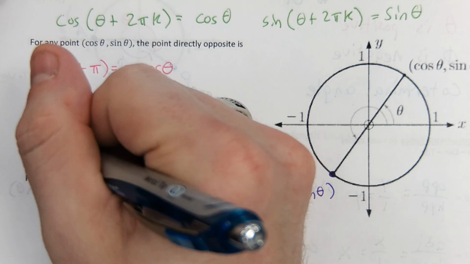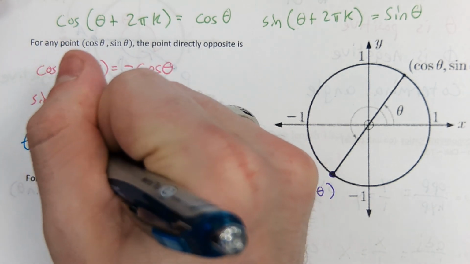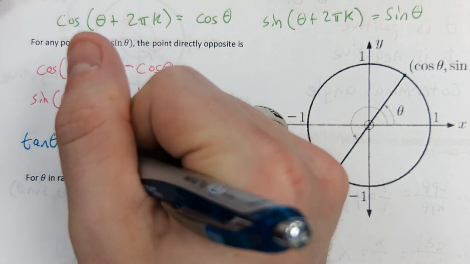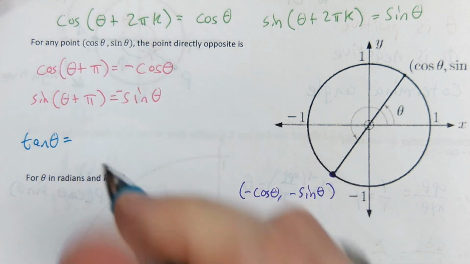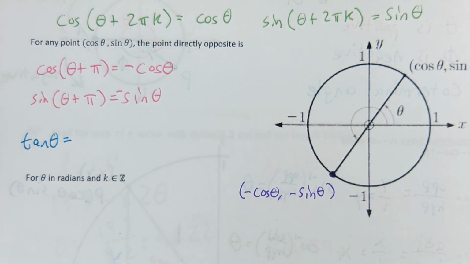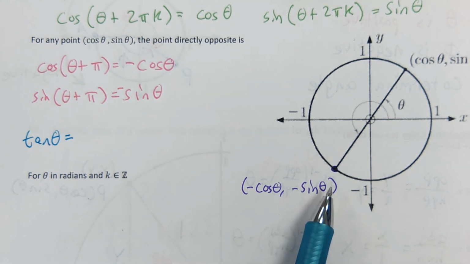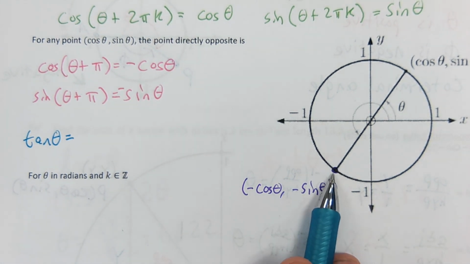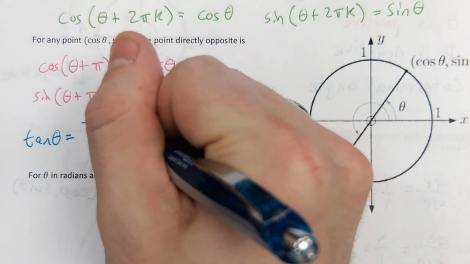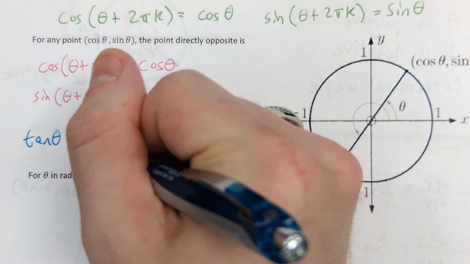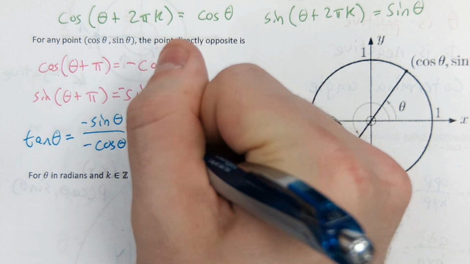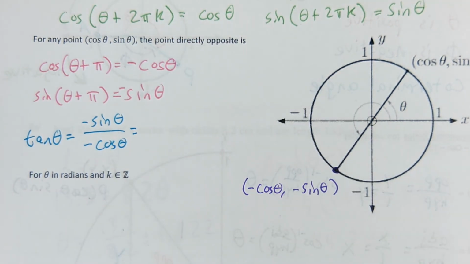Well, we said earlier that tangent of theta is sine theta over cosine theta, right? So what is tangent of theta down here? Well, it's negative sine theta over negative cosine theta. And last time I checked, dividing two negatives just cancels out.